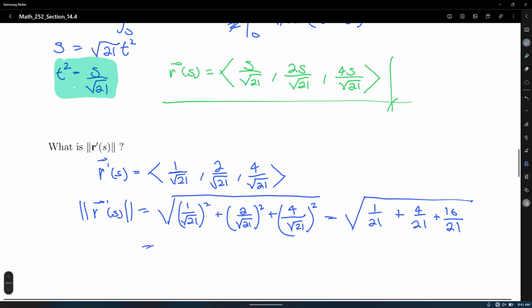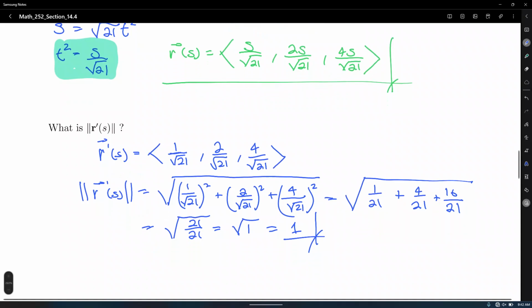So fractions with the same denominator, 1 plus 4 equals 5, plus 16, that's the square root of 21 over 21, which is the square root of 1, which equals 1. So the reason we are taking the magnitude is to make sure we get a 1 for the magnitude of the derivative of the reparameterized function.